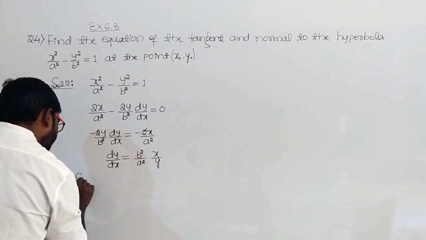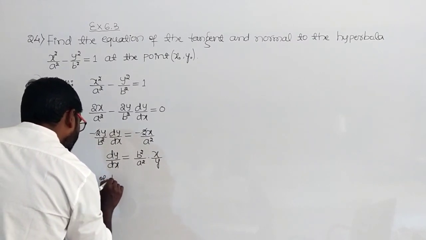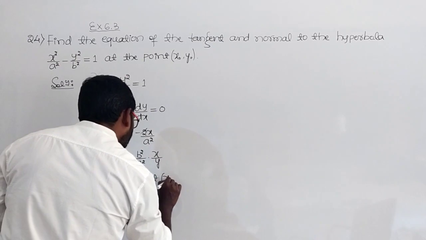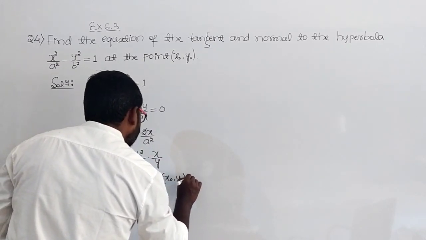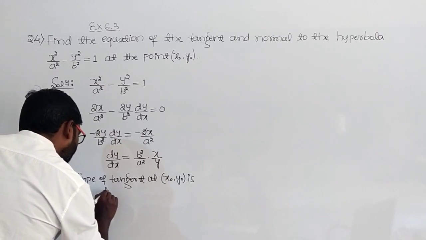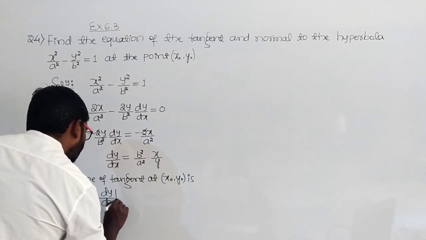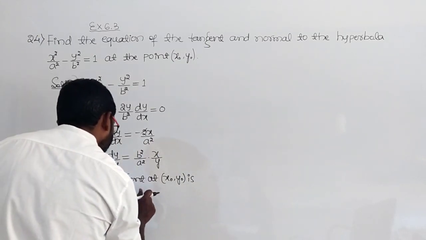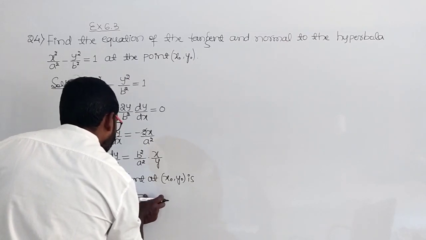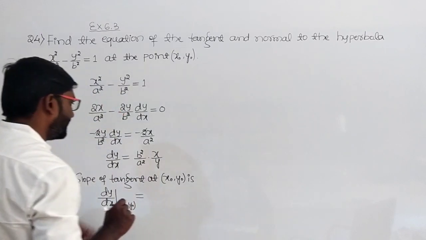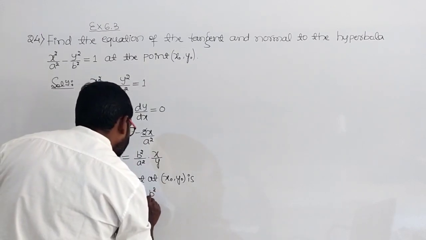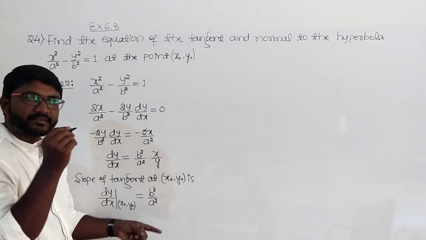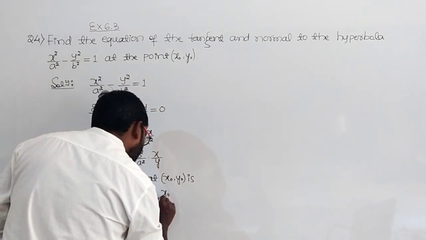Slope of tangent at x naught comma y naught is dy by dx at x naught comma y naught, which is equals to b square by a square into, so replace x and y by x naught and y naught, we get x naught by y naught.